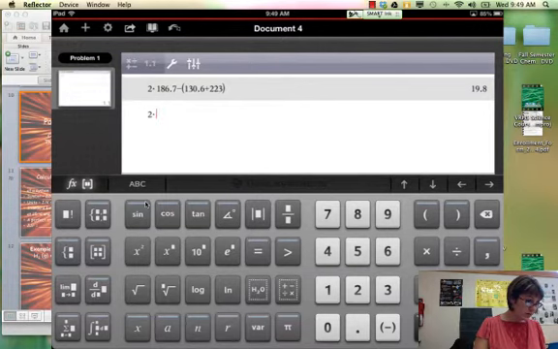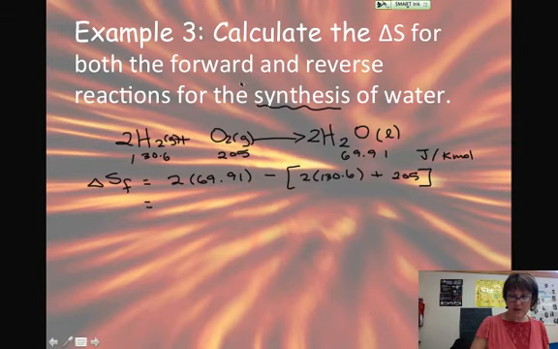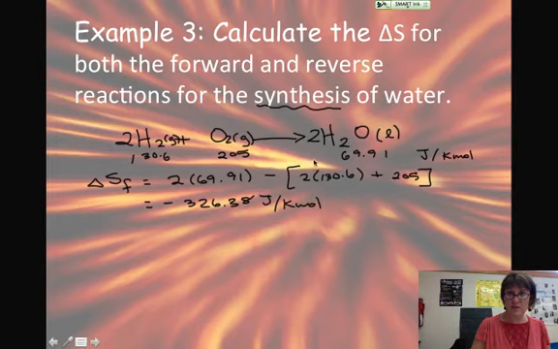So 2 times 69.91 minus the sum of 2 hydrogen gases and 1 oxygen. Okay, so we got negative 326.38 joules per Kelvin per mole. And of course we would evaluate sig figs. Looks like I get to keep 3 of them, so negative 326.